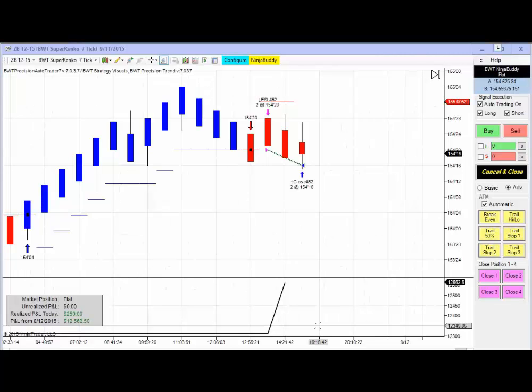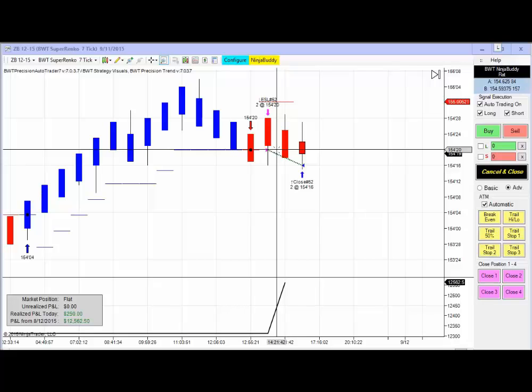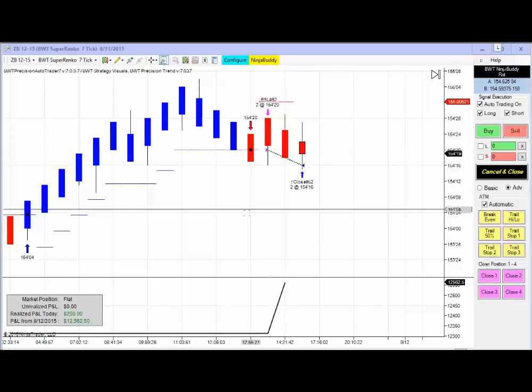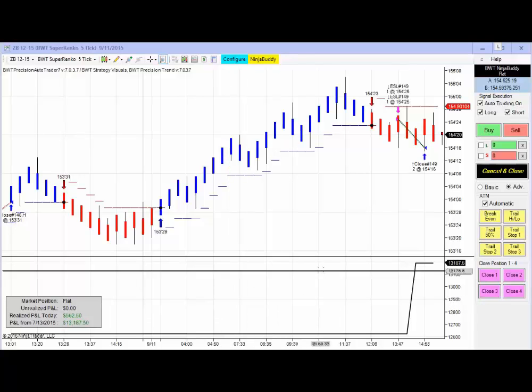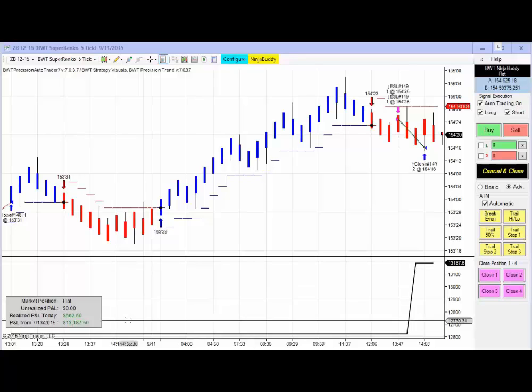The 30-year Treasury bond on the Super 7 tick had a small winner near the close of just a few ticks on a single trade for a net of 250. And the 30-year bond on the Super 5 tick had the same trade but made a few more ticks to close at 562.50.